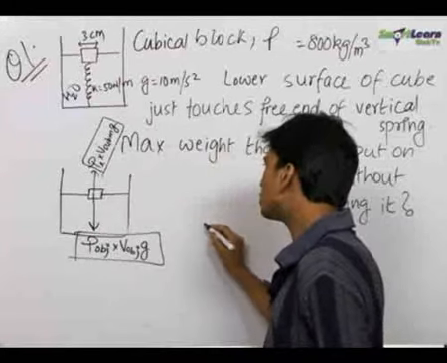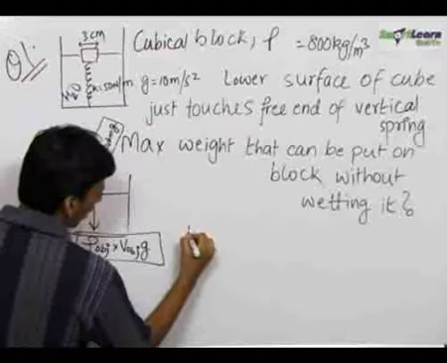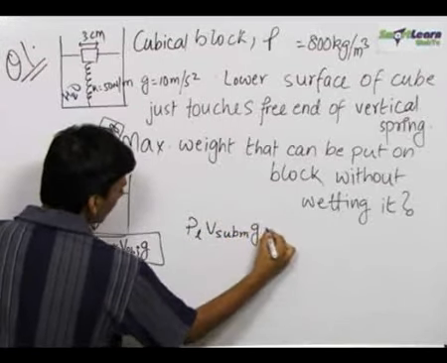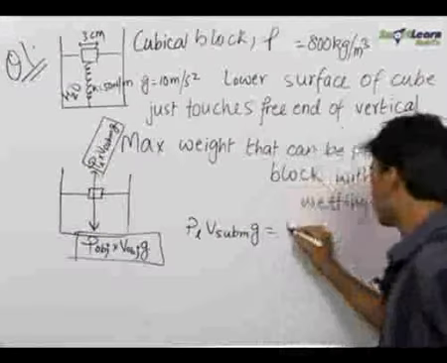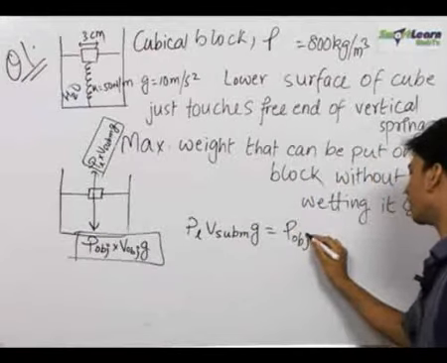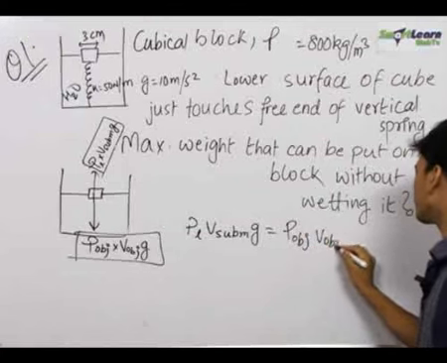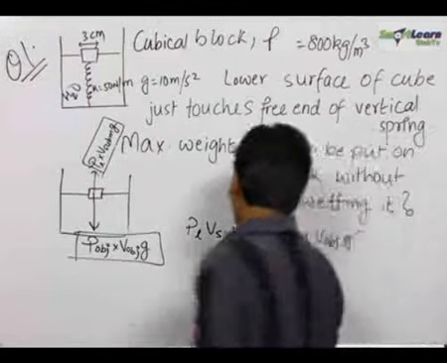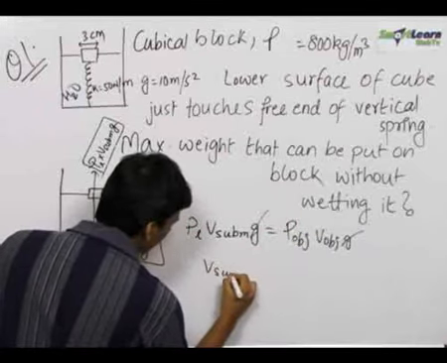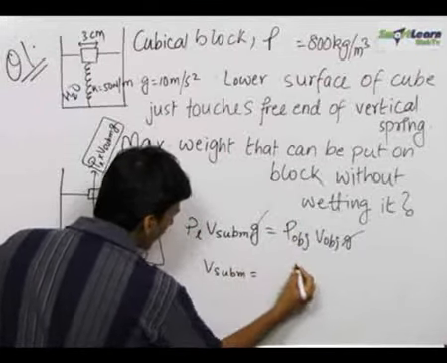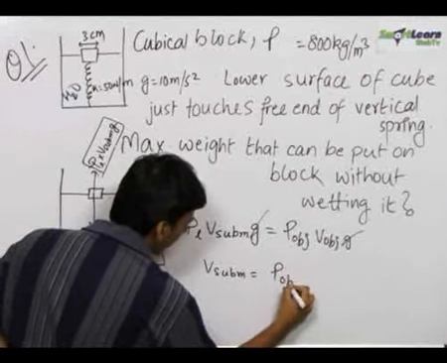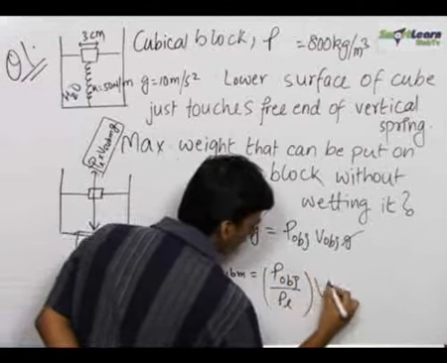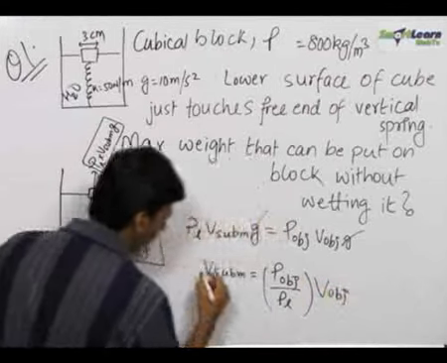Now we balance these two to get rho liquid into v submerged into g is equal to rho of the object into v of the object into g. The g cancels and we get v submerged is equal to rho object upon rho liquid into volume of the whole object.